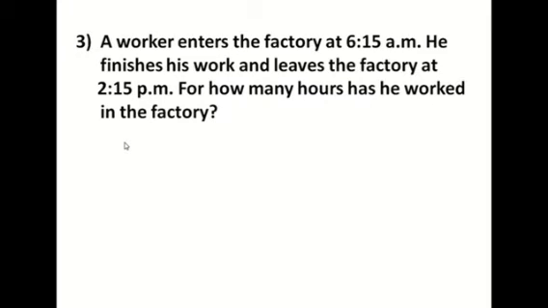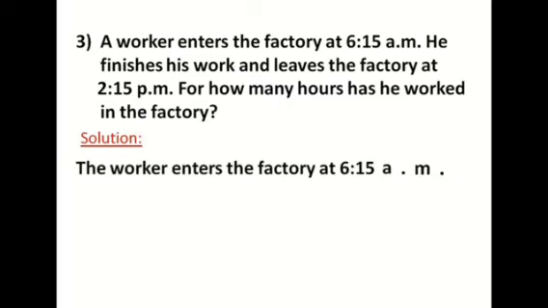So what we have to do? You have to find out the span of his work. So what we can write? The worker enters the factory at 6:15 a.m. 6:15 a.m. means 6 hours 15 minutes.